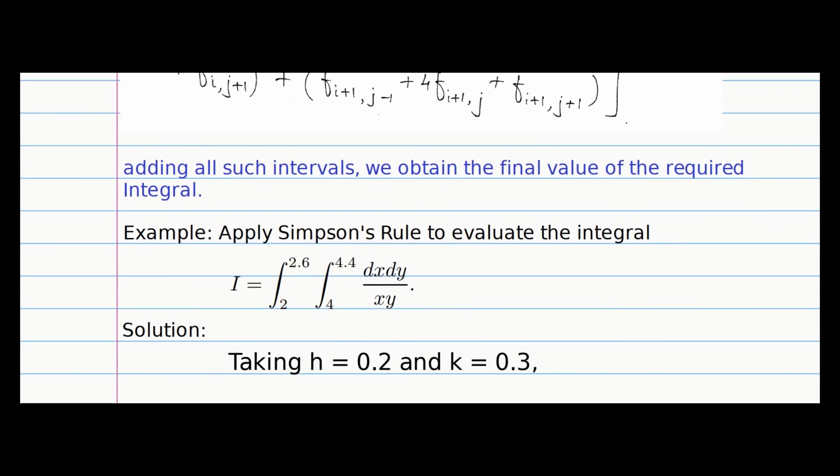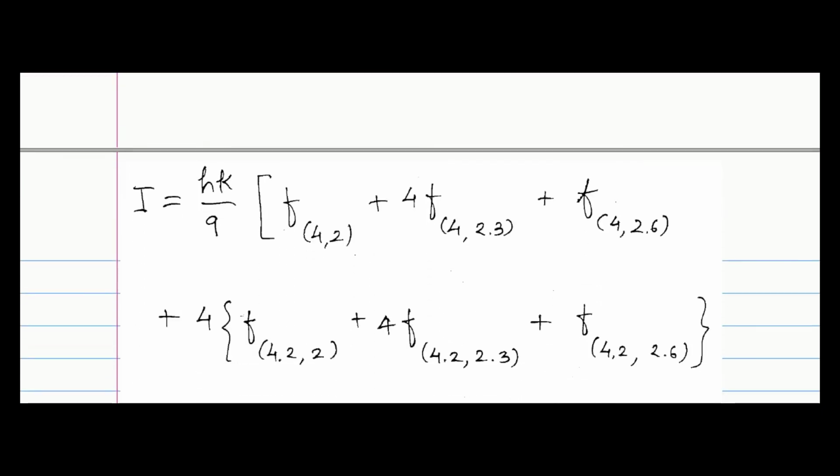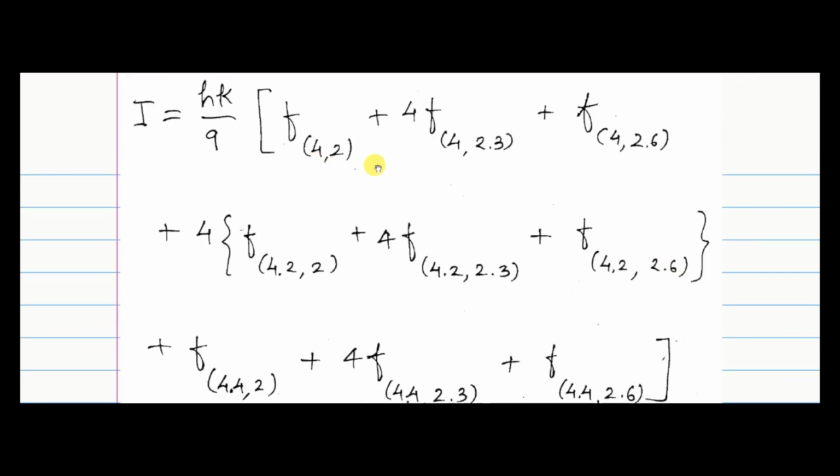So in this way we have a two-step process. Here I'm going to cover these 9 entries now. f(4,2), then f(4,2.3), and this is the middle entry, so 4 times this, plus f(4,2.6). This is my first integral, this is my last integral, and this is my middle.